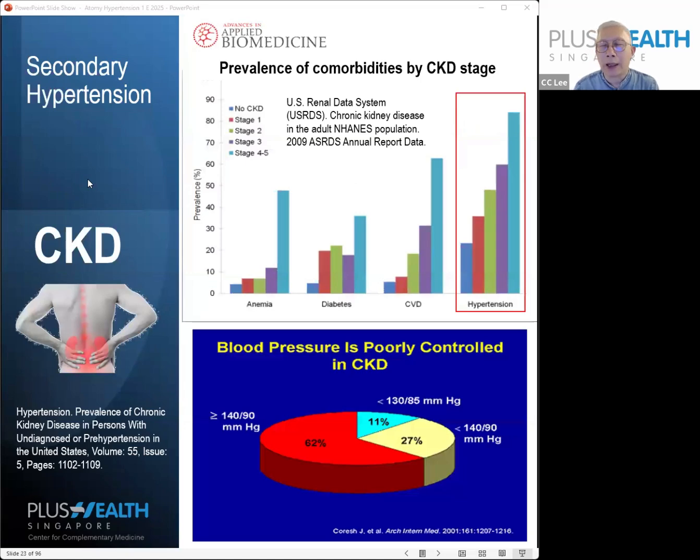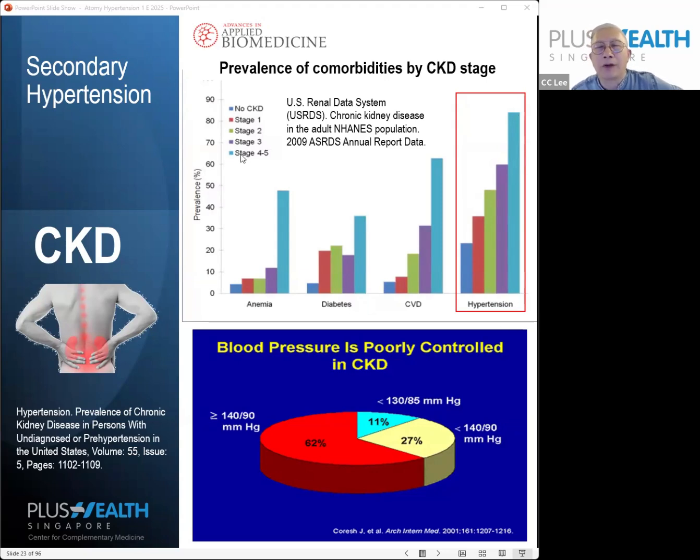Okay, now how prevalent is hypertension in chronic kidney disease patients? You can see from here, if you do not suffer from chronic kidney disease, the prevalence of hypertension is about 25%. But if you are suffering from progressively worsening chronic kidney disease, the prevalence of hypertension goes up very drastically.